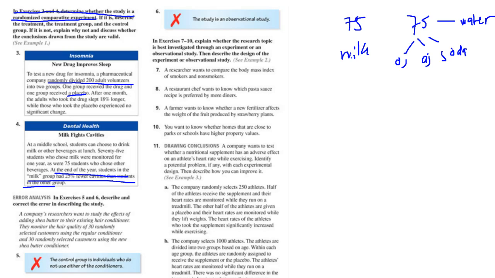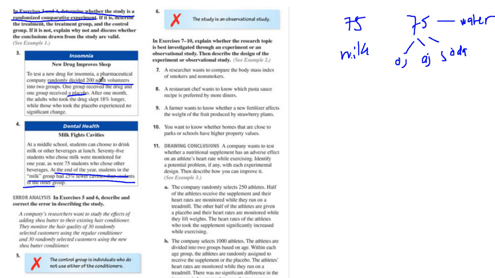That's why I sometimes like to do the science part of this more than just the maths, because there's really no math in here. So the students with 25% fewer cavities are, well, good for them, but it's not a good conclusion.